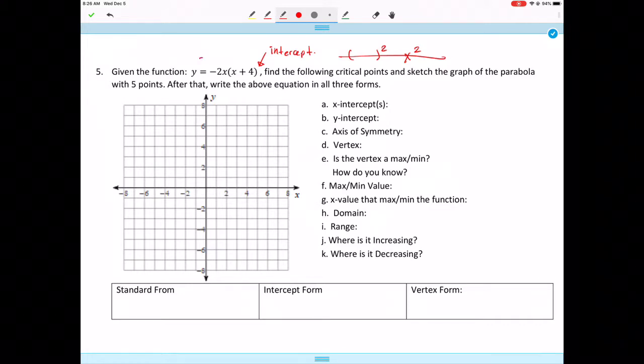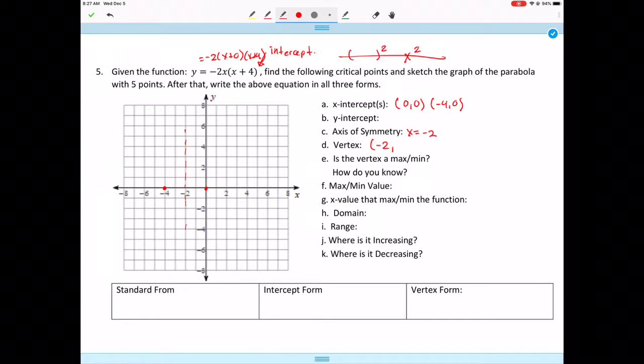You could write it as -2x plus 0 times x plus 4. Okay? Since it's intercept form, we can find these x-intercepts really quick. 0, 0 and -4, 0. Okay? So we plot those. Axis of symmetry will be right in the middle. X equals -2.